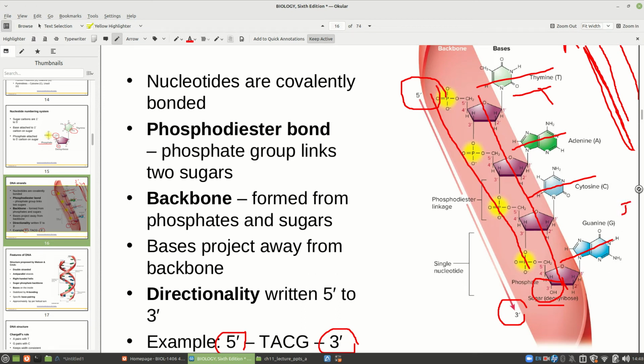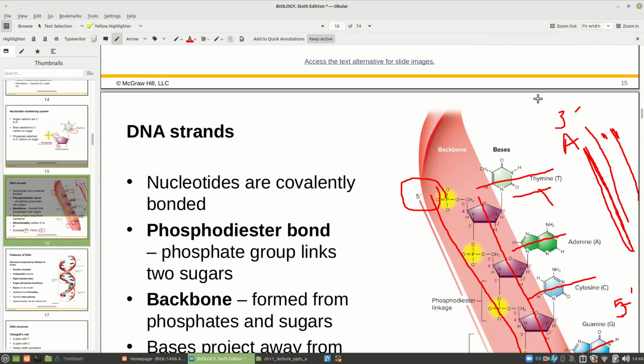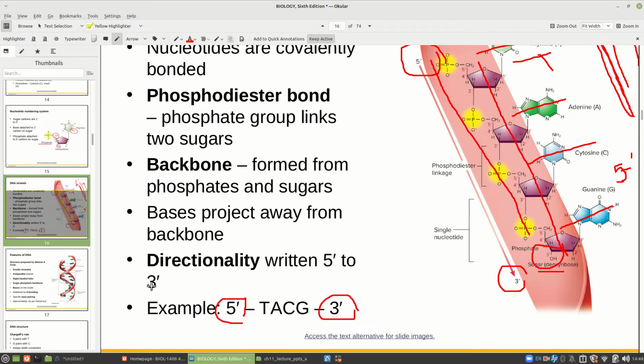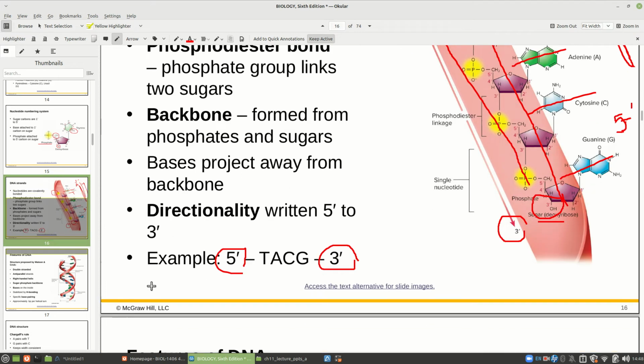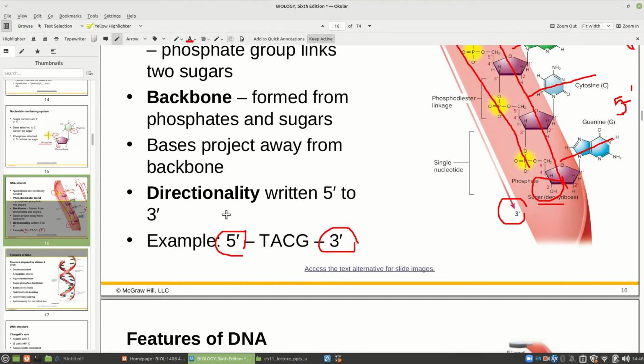So know that that's supposed to be a 5 there. There we go. 5', and that means this side is ending with a phosphate, and this side's ending with the sugar. All right, those are the ones sticking out on the ends, you might think. All right, and that gives it directionality. So you need to know that term, directionality.